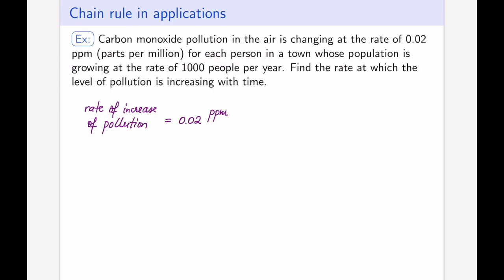So per person, right? It's important what the units are here. And then this is followed up by the fact that the population, so the number of persons, is also growing at the rate of 1,000 people per year.